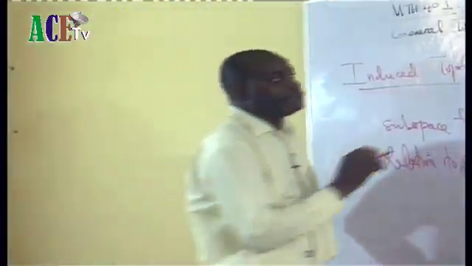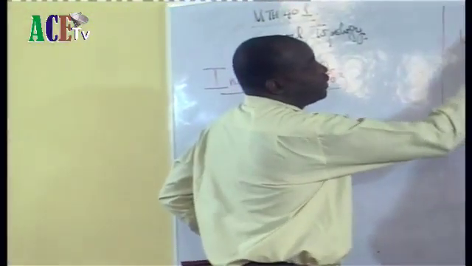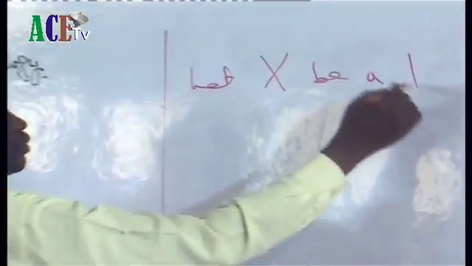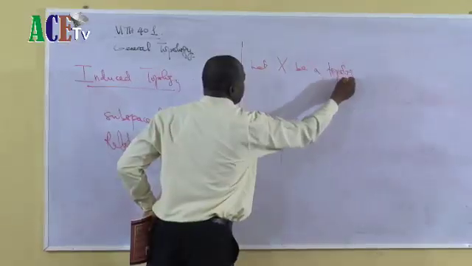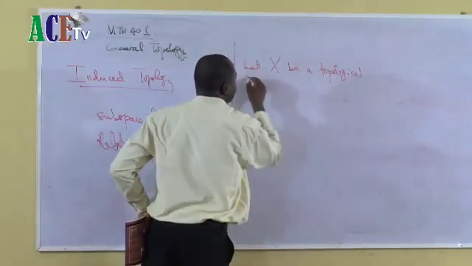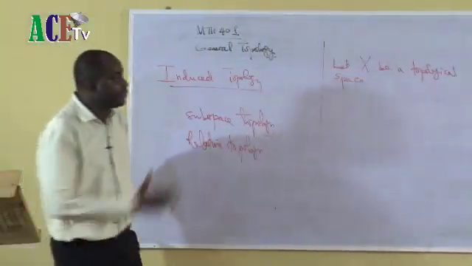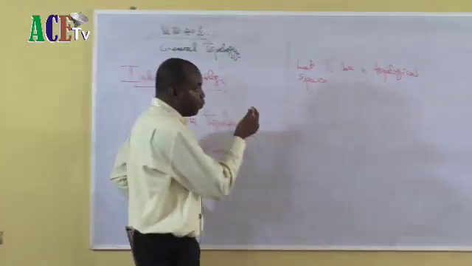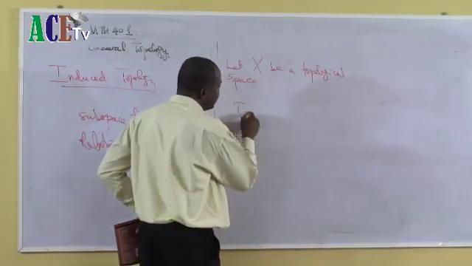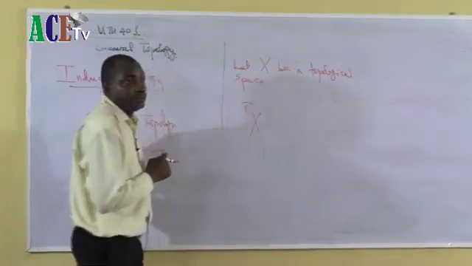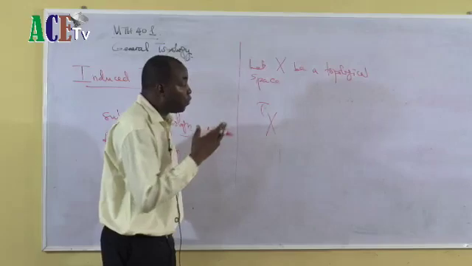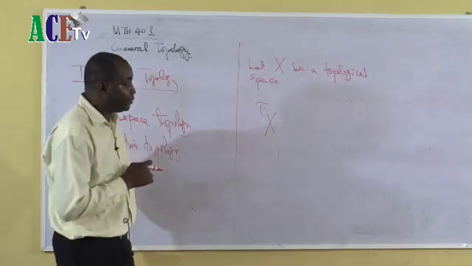Let's see what I mean by this. Let X be a topological space. Now, we know that the topology of X is made up of open sets.